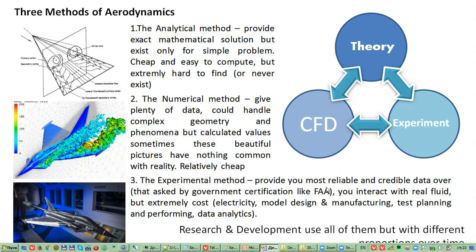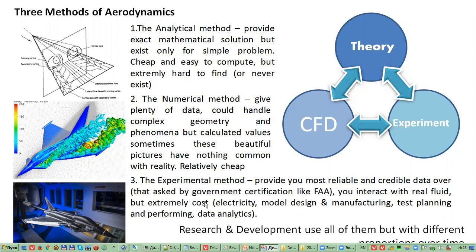The experimental method provides you the most reliable and credible data. Above all, this data is asked from you by government certification, like the American FAA, like European agencies. Some organizations exist in Ukraine, exist in China, and exist in every country. And when you create an aircraft, you must provide a lot of data for government certification.